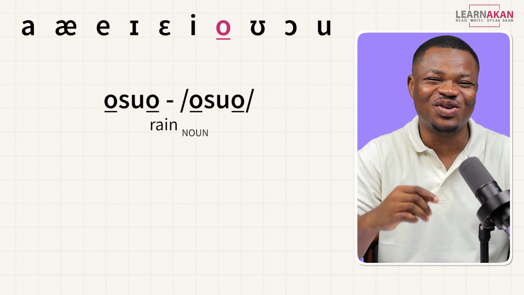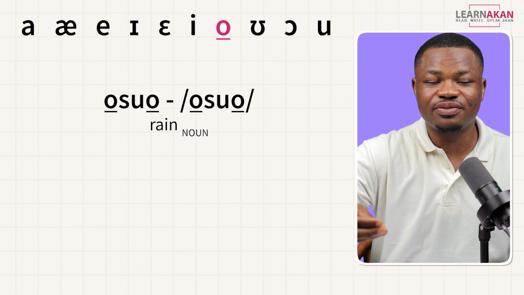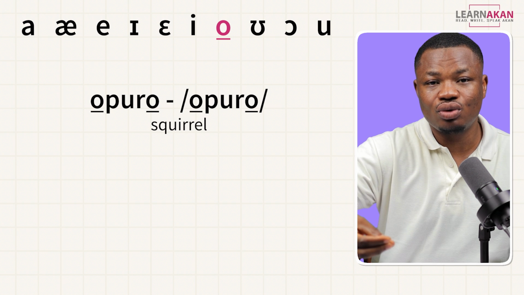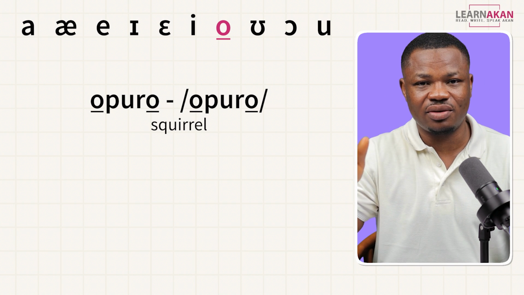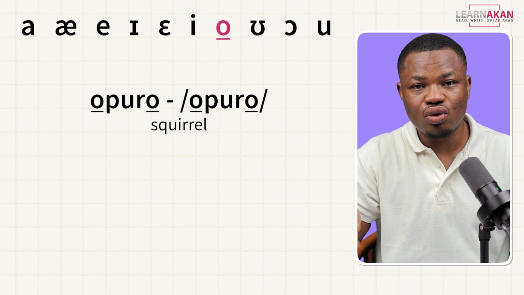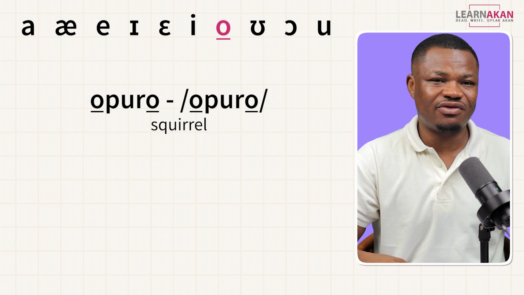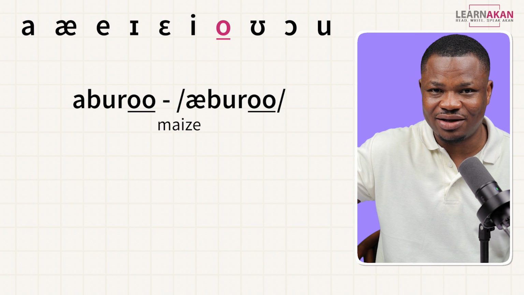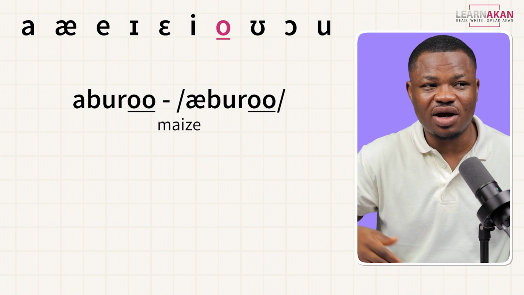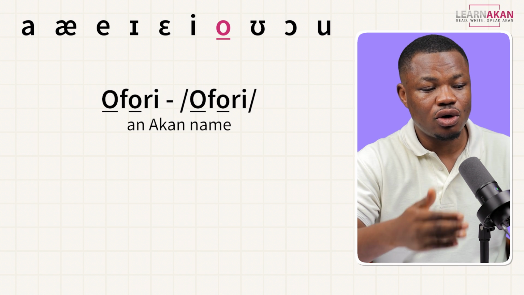We have Opru, not O, no. So it's Opru, right? We have Ebru. So there's O at the end, double, right? We have the Akan name Ofori.